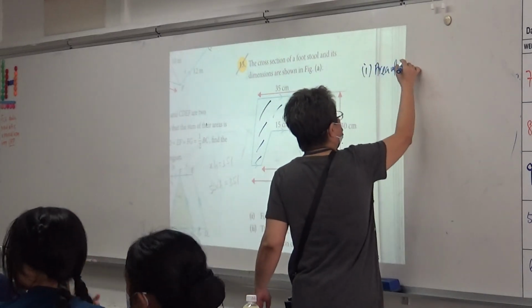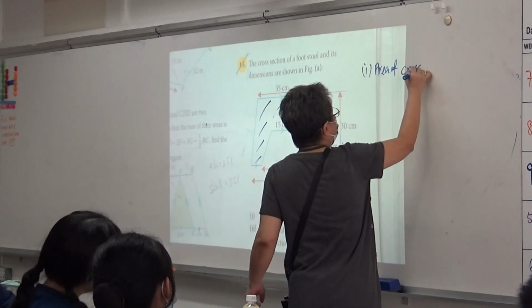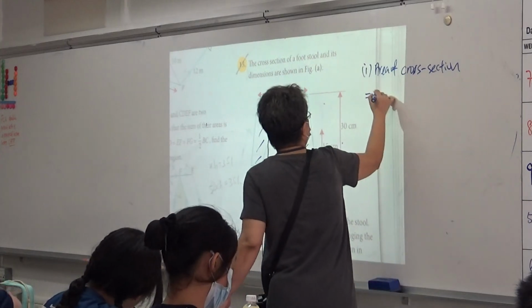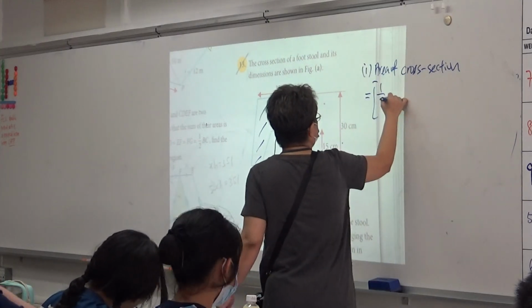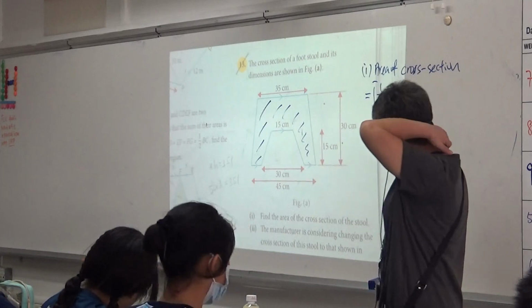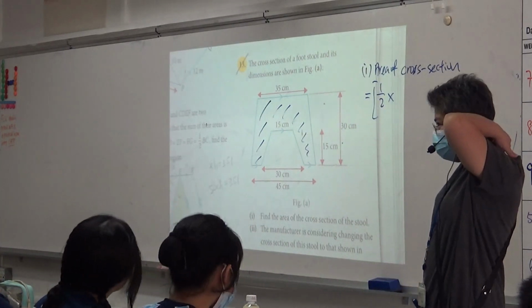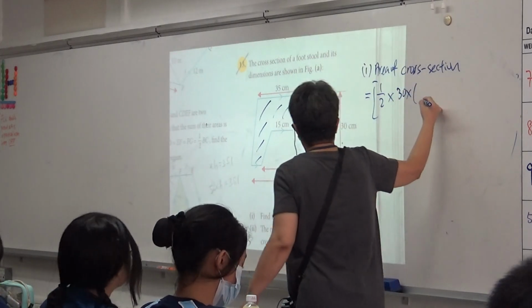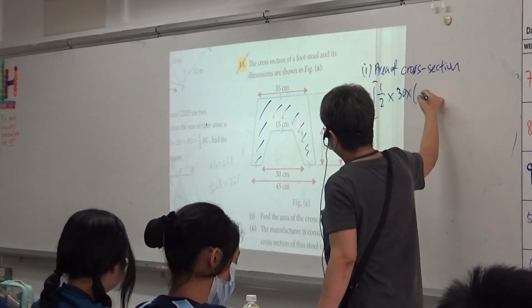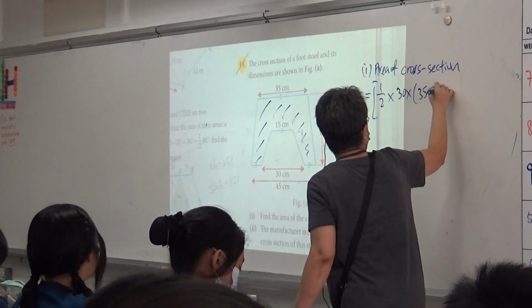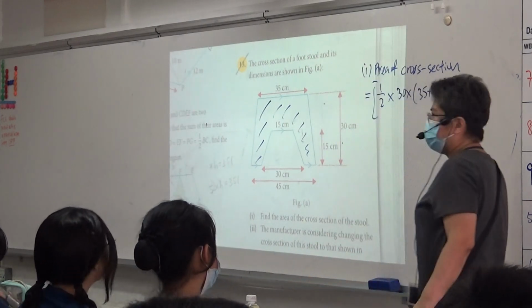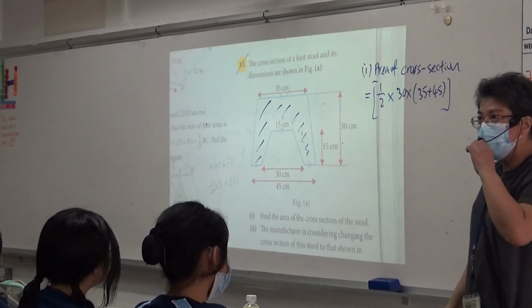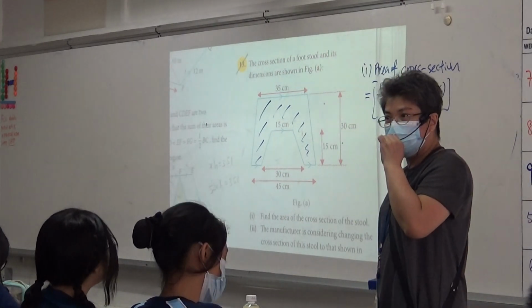Area of cross section will be, now, big trapezium. Half times what? What's the height of the big trapezium? Half times 30, okay. Times what plus what? 35 plus 45. I will get the big trapezium, right? I'm doing it in 1 step, also can. If you don't want, you can do it in 2 steps, then you minus off, it's also can.